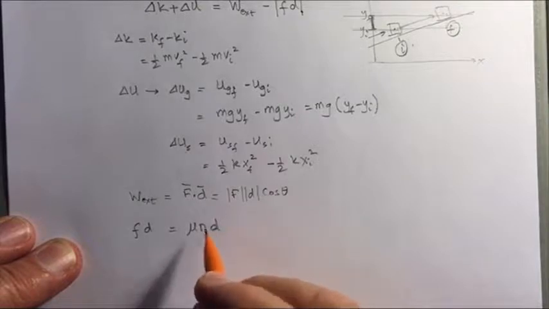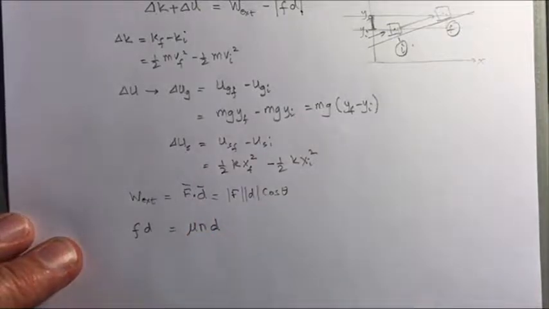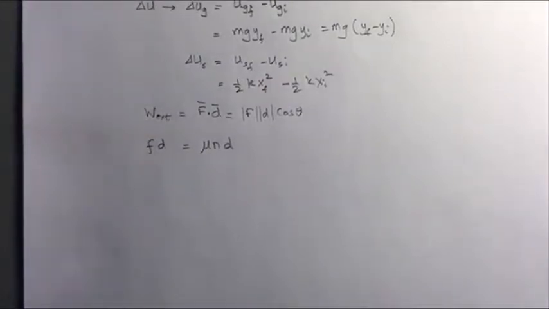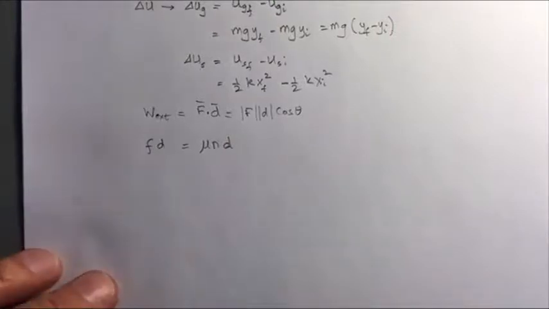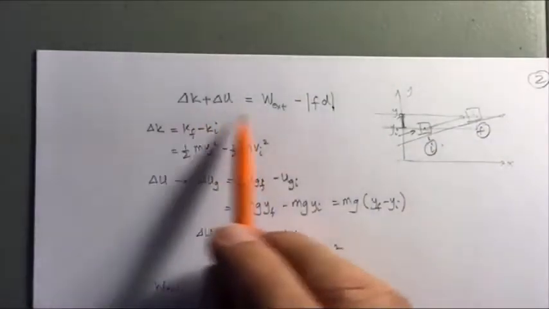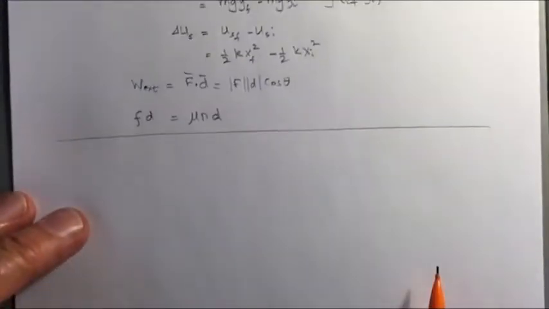The normal force would have to be found by using the sum of forces in the y direction, and it's not always simply mg. Now we solve a few examples using this equation.